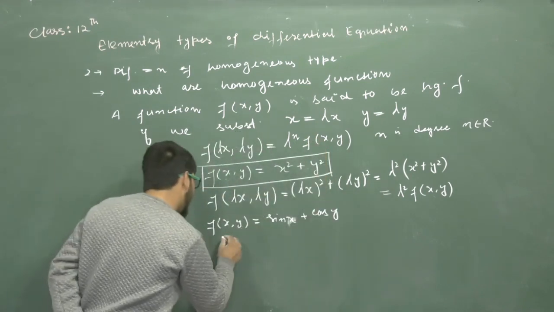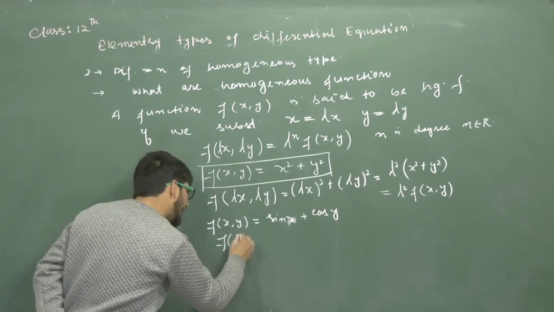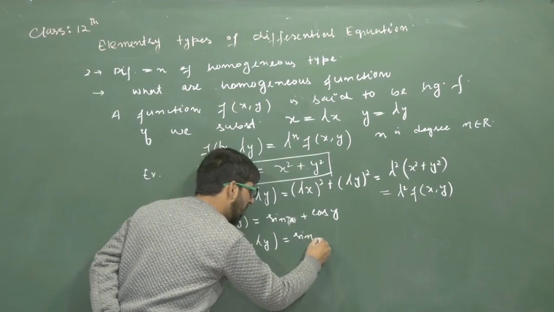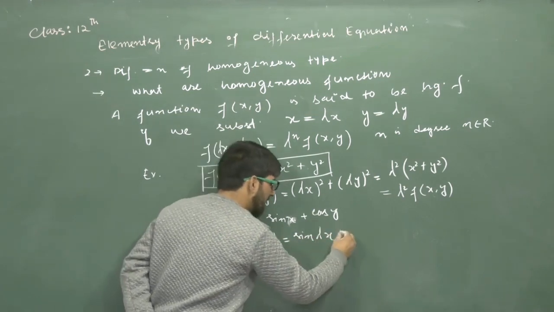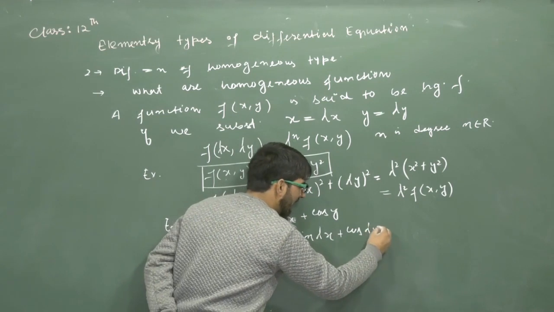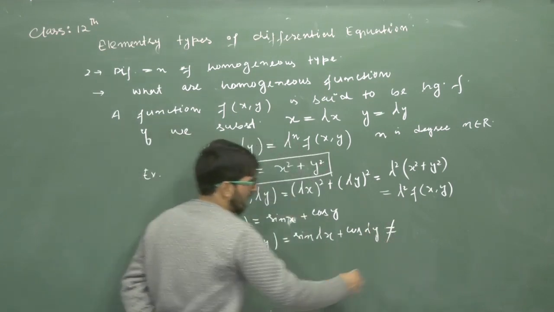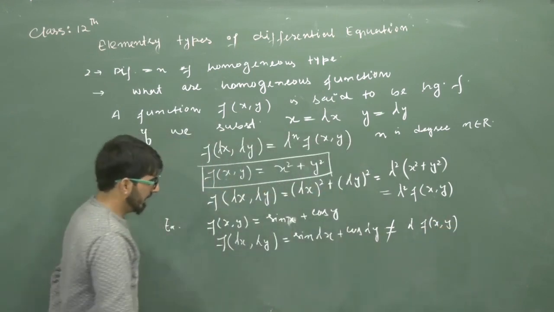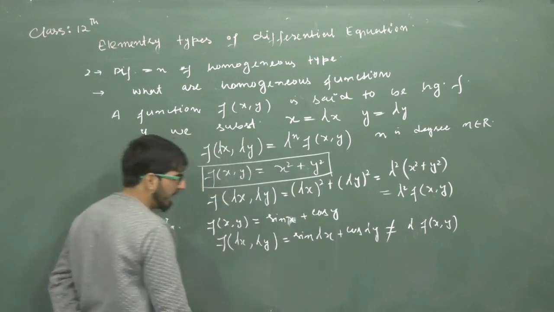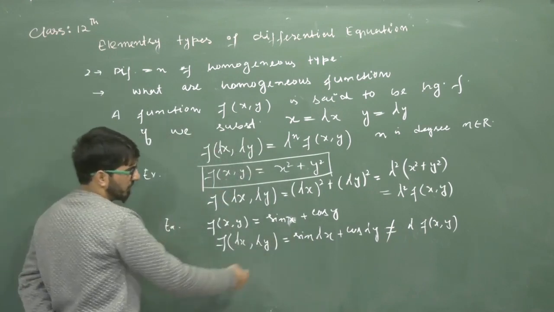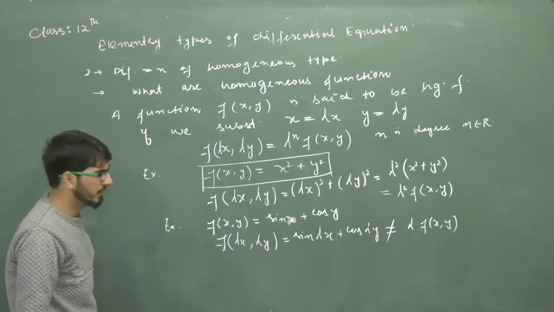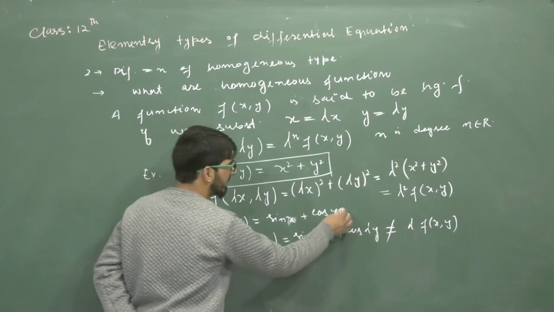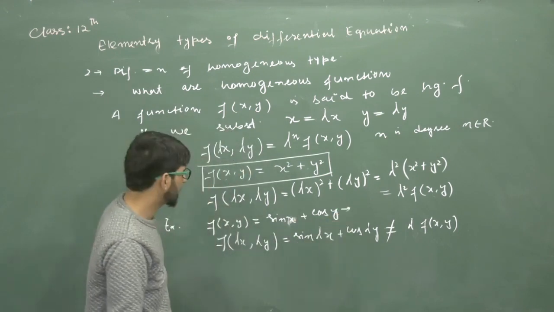If we substitute x by lambda x and y by lambda y, we get sin of lambda x plus cos of lambda y, which is not equal to lambda times f of x comma y, because lambda cannot be eliminated from the angle of sin and cos. Thus we can say f of x comma y is equal to sin x plus cos y is a non-homogeneous function.